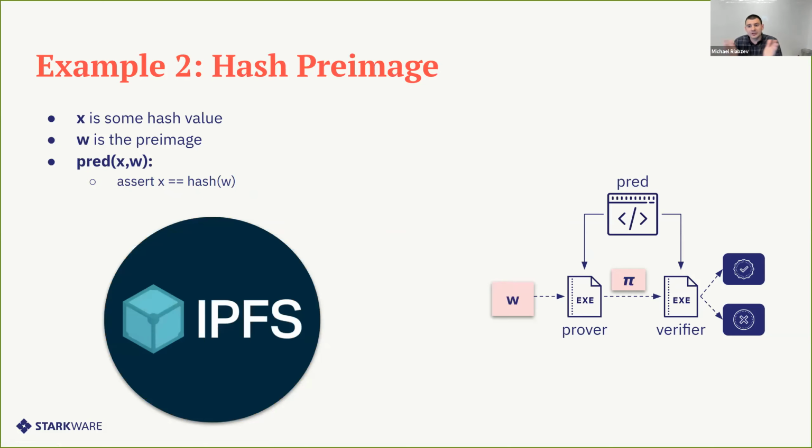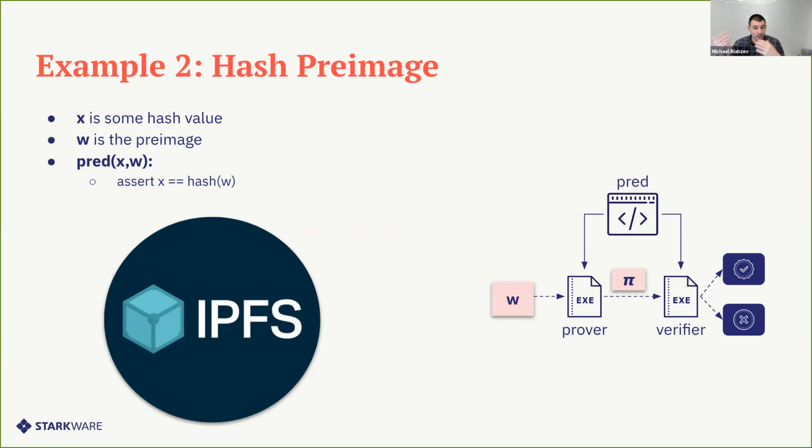Another example is the knowledge of a pre-image of a hash. I could think about a predicate that gets a public input X, which is a hash, and a private input, a witness W, which is a pre-image of this hash.